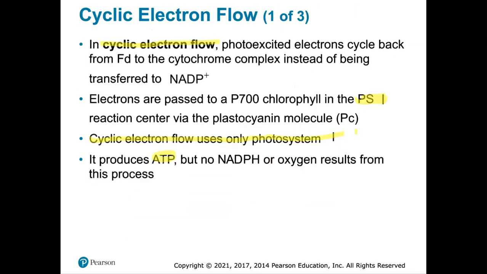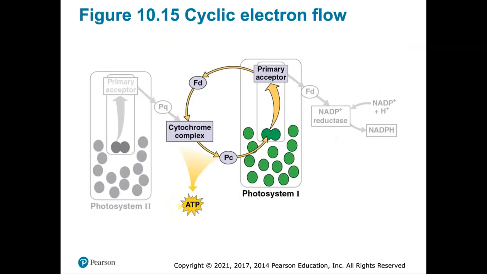When photosystem 2 is not involved and it's only photosystem 1, we call it cyclic electron flow, and photosystem 1 actually generates ATP in that case instead of NADPH.